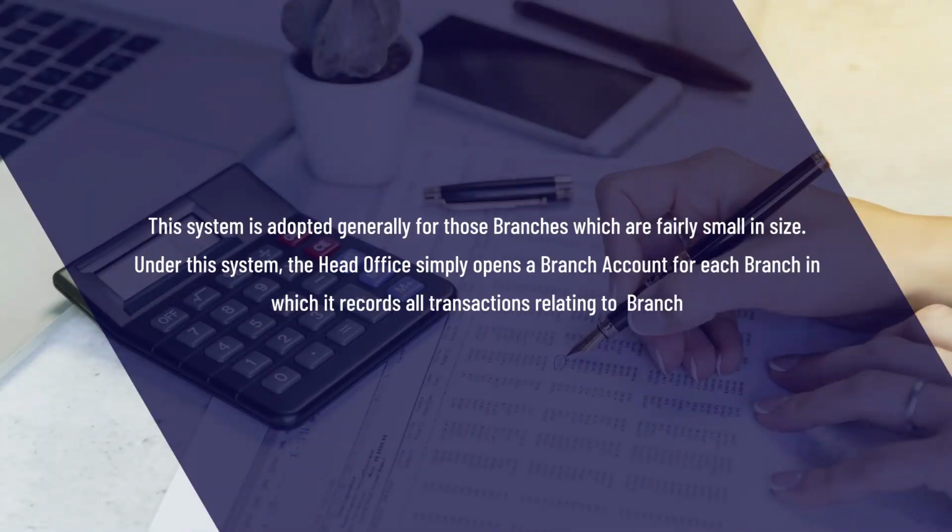For such branches, this debtor system is quite useful and convenient. Under this system, the head office simply opens a branch account for each branch in which it records all transactions relating to the branch.